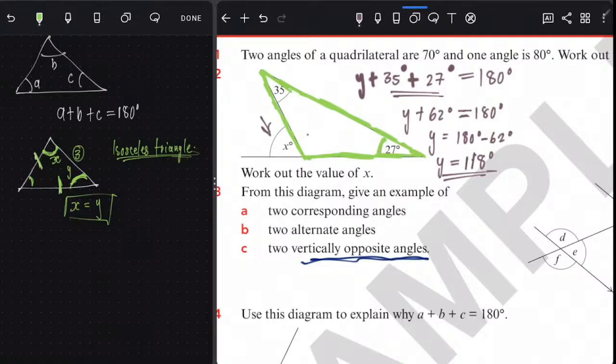Now you remove Y and put 118 degrees. Even if you leave it as Y, you say which is equal to 118 degrees.